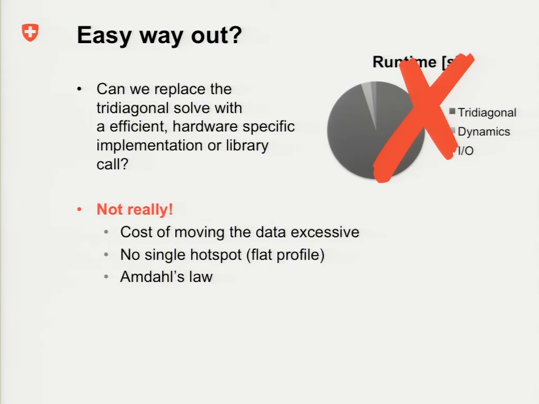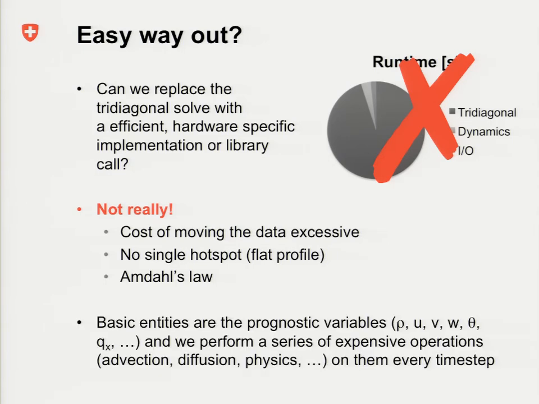I have to put the caveat here that if your library has a callable interface and fixes the data structure, there might be other approaches for libraries out there which actually work. But it's also that we don't have a single hotspot. We don't just have tridiagonal solves. We have a lot of other stuff. And so this doesn't work.